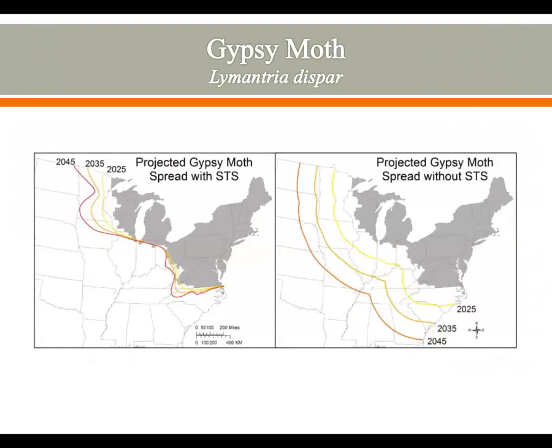From that point, we measure out 100 kilometers and make a 100-kilometer wide barrier zone. And that's our STS action zone. In that action zone, we drop our grid sizes down to 2 and 3K for detection, and then down to 500, 250, 500, and 1K for delimiting potential problem areas.